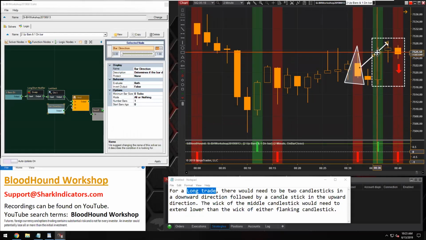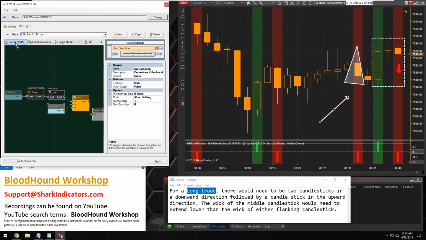Then we look 1 bar back and compare that high price to 2 bars back, to make sure the middle bar's wick is the highest one. We have to do 2 comparisons, so we'll compare this bar to 1 bar back, and then with a separate solver, compare this bar to that bar back.